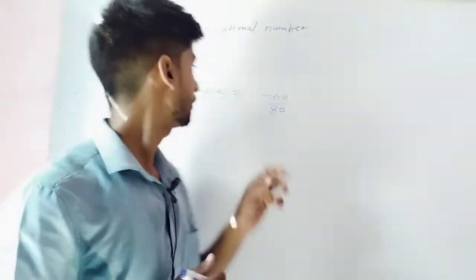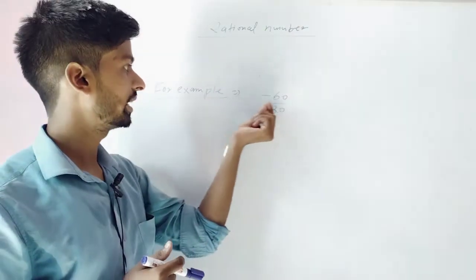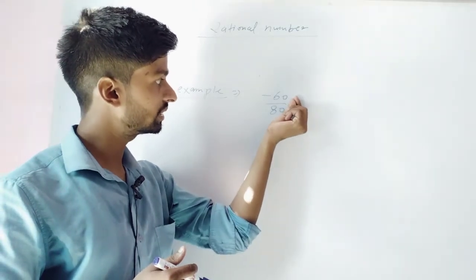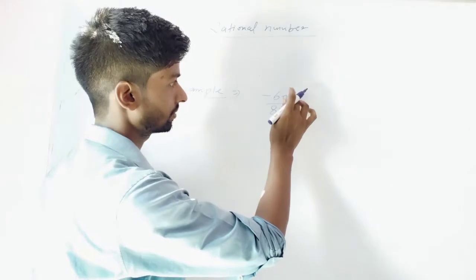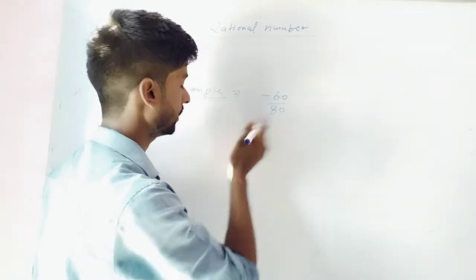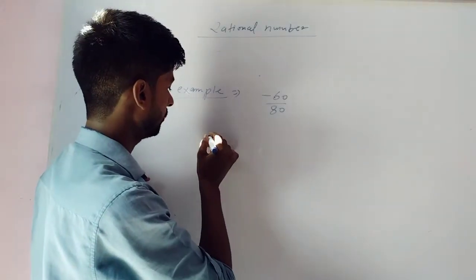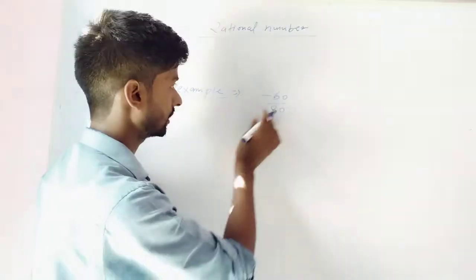So here we have examples of standard form, how to change a rational number into standard form. We have to take the HCF of both numbers. So we have -60 and 80.